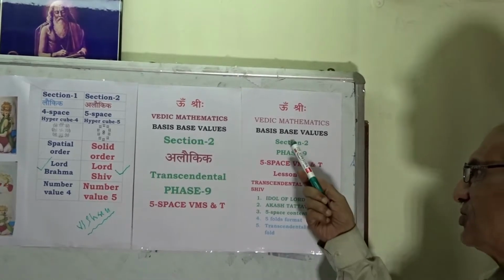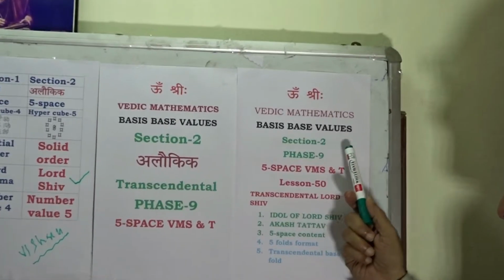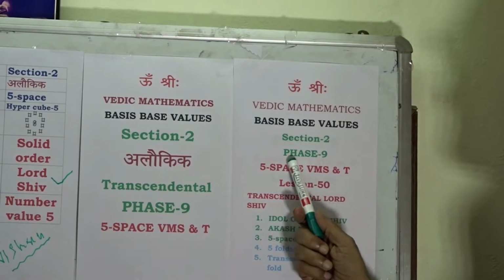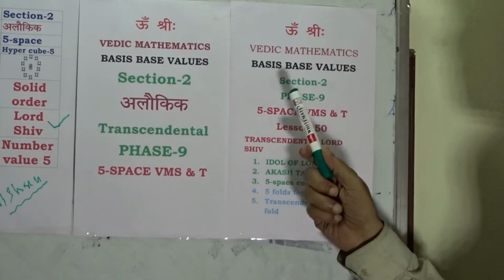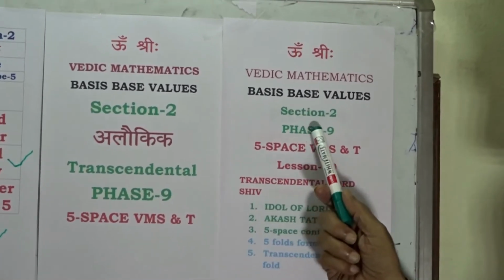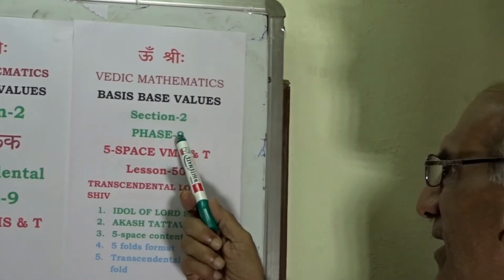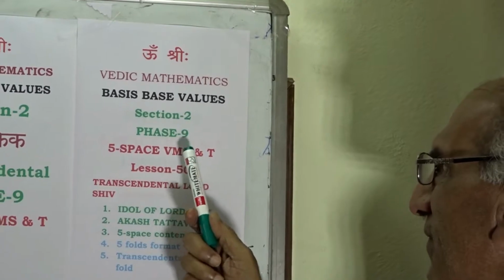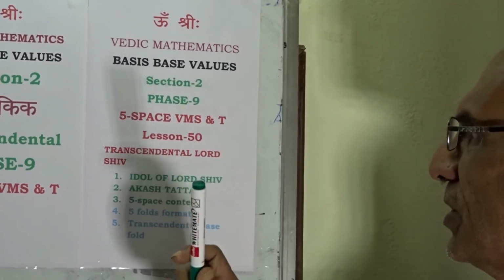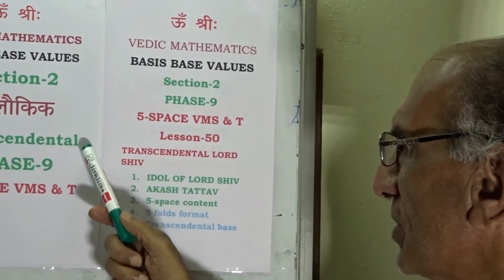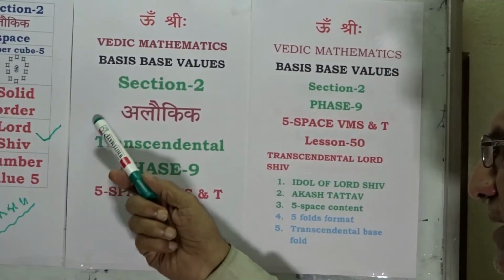We are in section 2, and in it we are in phase 9, meaning the phase 1 of section 2. There are 8 phases of section 1 and this is the 9th phase, but the first phase of section 2. Section 2 is about the transcendental domain.